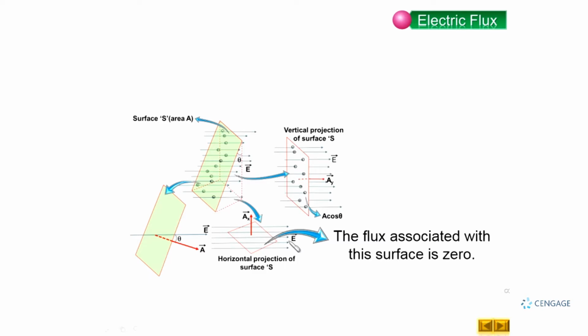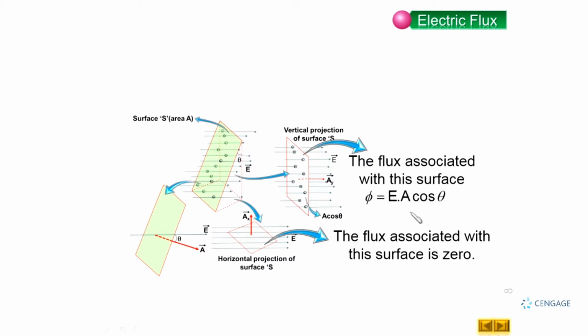Now let us make this whole diagram separately. Observe the horizontal projection of this area, that is A sin theta here, and we can say no lines are crossing this surface. That means the flux associated with this surface should be 0. Now come to the vertical projection.